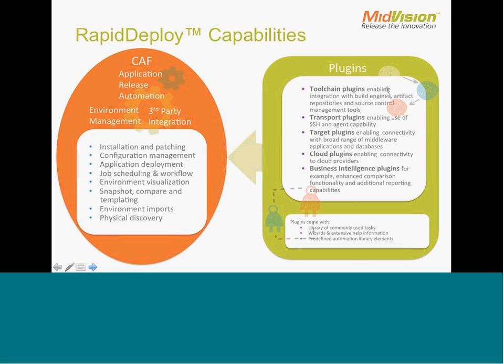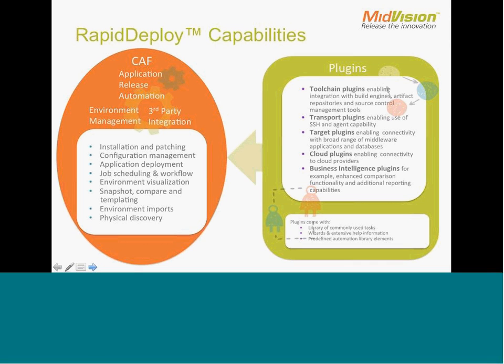Middleware plugins enable connection to different middleware products like servers, databases, and applications. We support vendors like IBM, Apache, Microsoft, Oracle, and many others. Cloud plugins enable connecting and deploying to cloud instances.